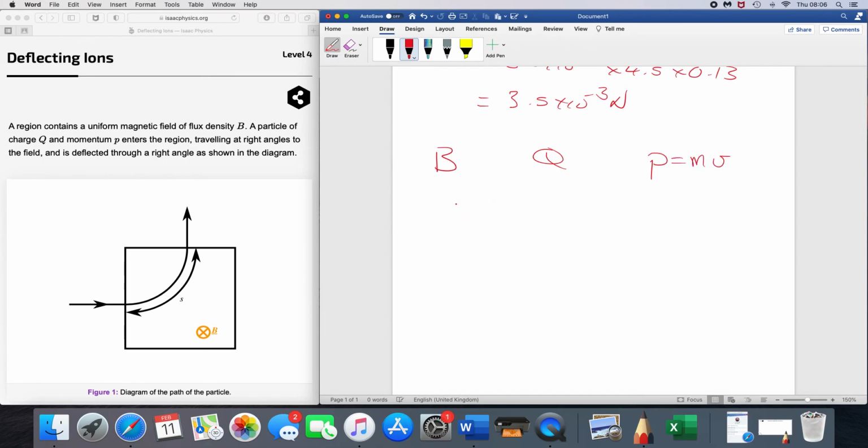So you would say the force on it is BVQ. Sorry, let's make that the right kind of Q. And we know this is a centripetal force. It is at right angles to the motion, which equals mv squared over r.